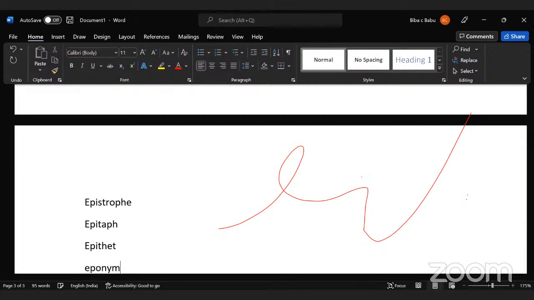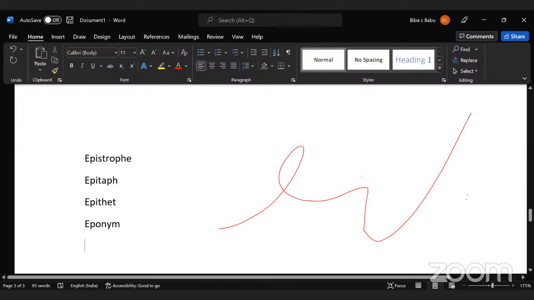Next is eponym. Eponym is when the name of a real or legendary person, or of a character, appears as the title of the book, or the name of a city, a time period, an age, or an idea.